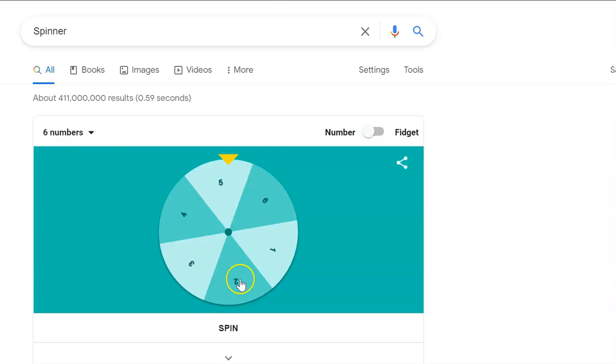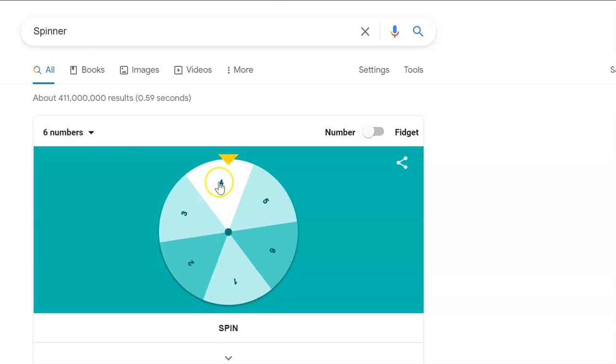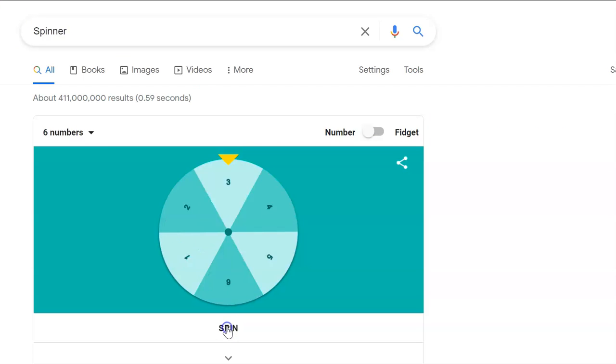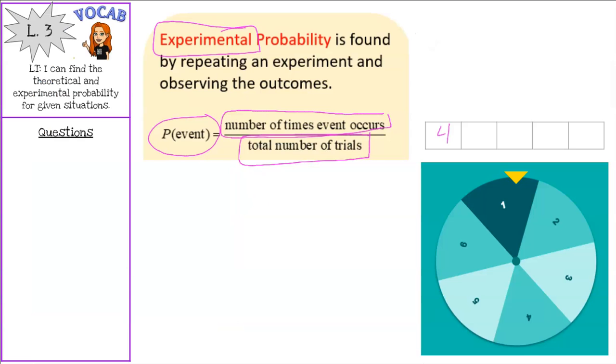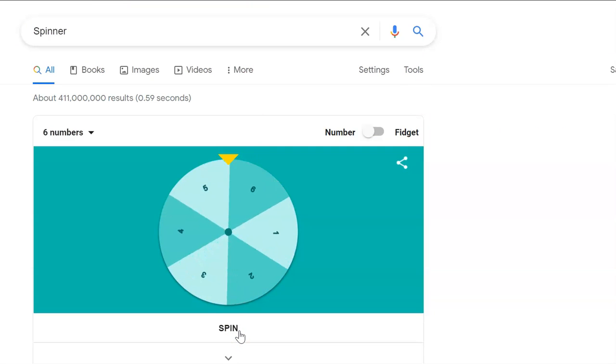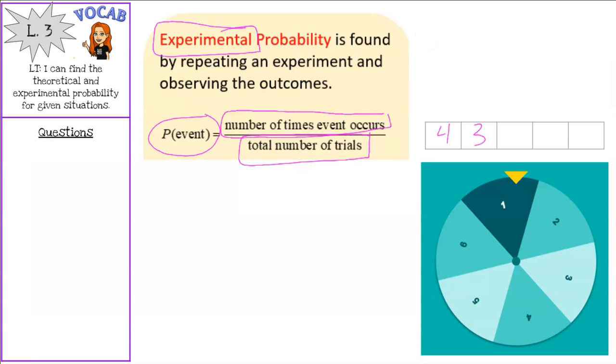So spin number 1, we rolled a 4. So over here on my table, I'm going to put, I rolled a 4 for the first one. Then I rolled a 3. Then I rolled a 5.